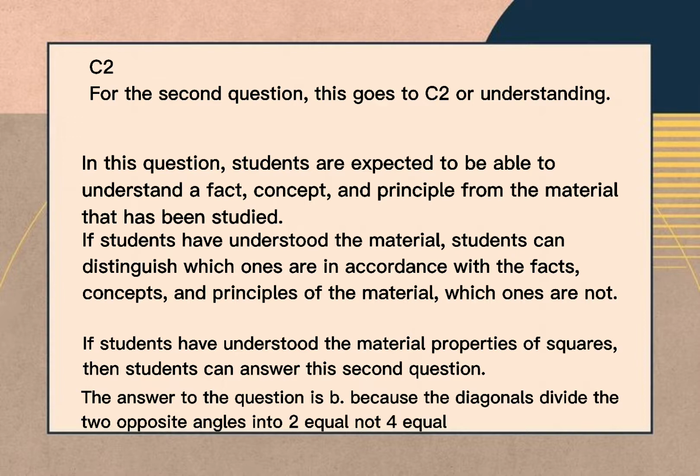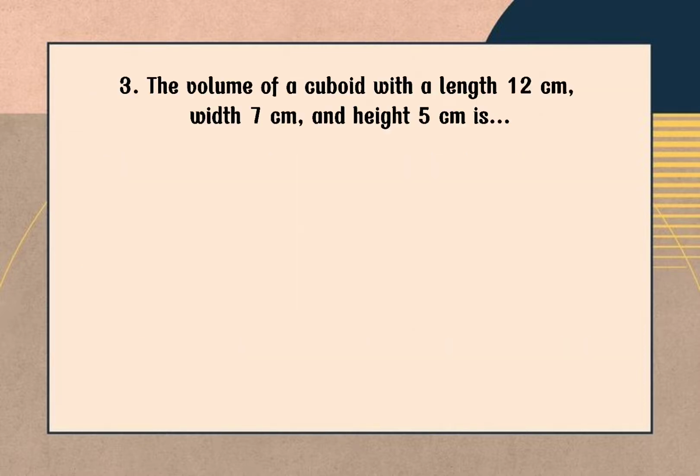If students have understood the properties of squares, then they can answer the second question. The answer is B, because the diagonals divide the two opposite angles into 2 equal parts, not 4 equal parts.